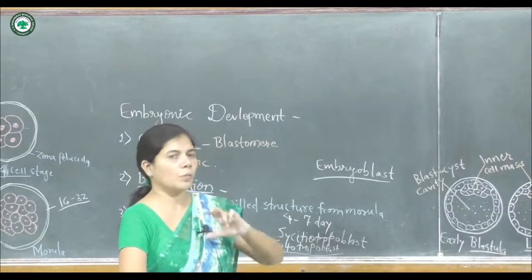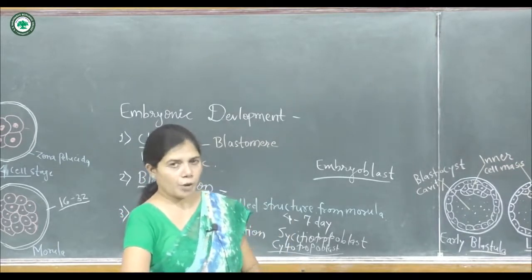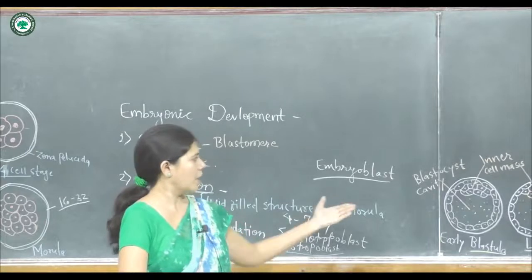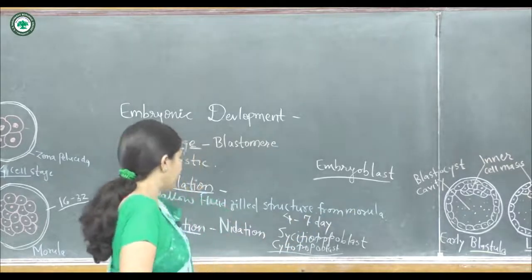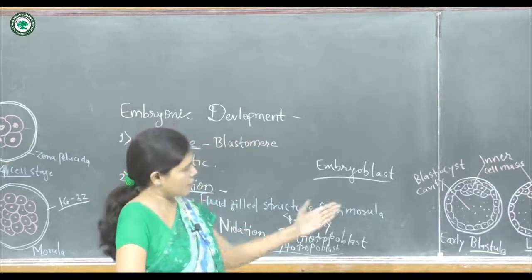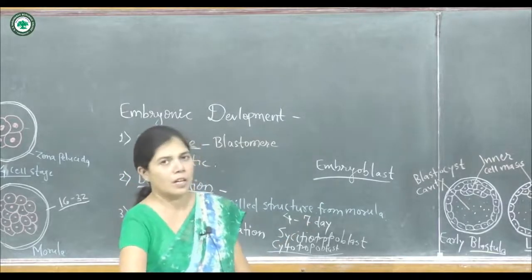After that, the morula divides and forms a hollow spherical, fluid filled structure, known as the blastula.